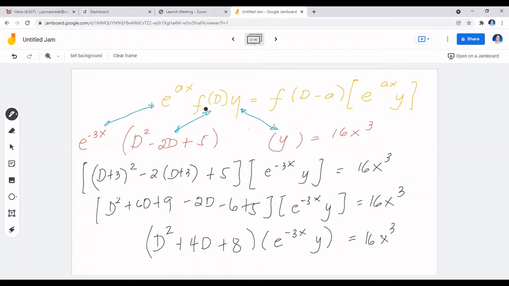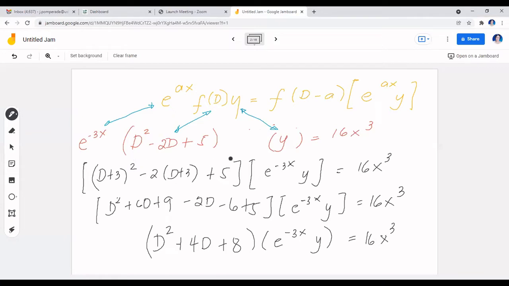The function of D expression should be shifted by subtracting from the D the a. Where is the a coming from? It's coming from this exponent of the e. And then you have this new unknown function comprising of the product of your y, your original unknown function, and this exponential function e raised to ax.